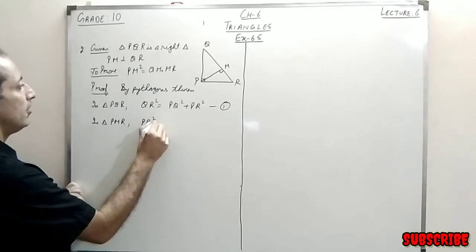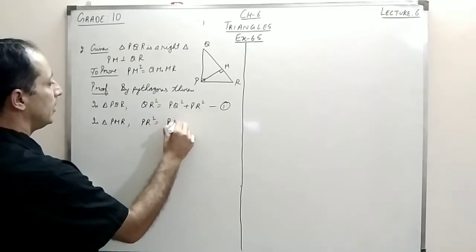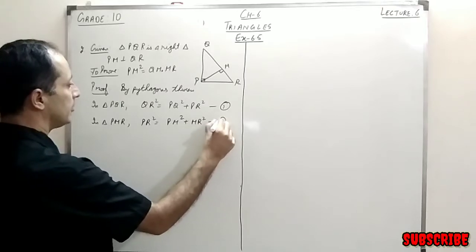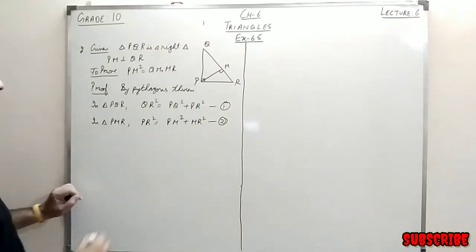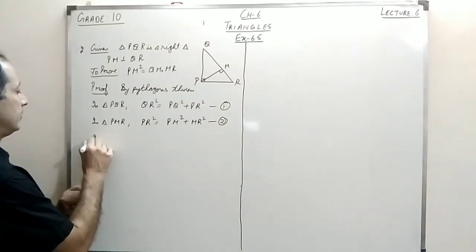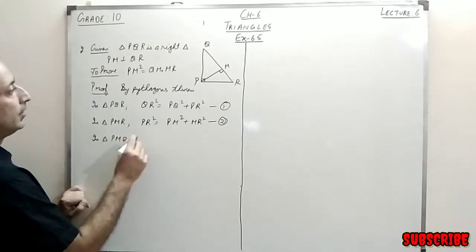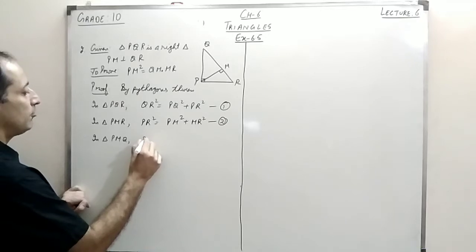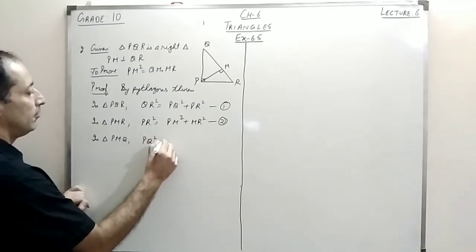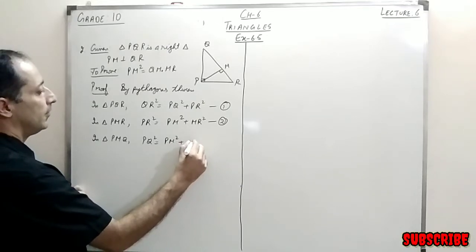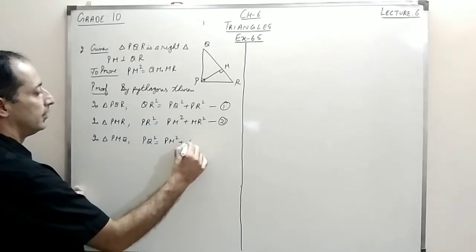PR square is equal to PM square plus MR square. I put this thing as 2. Similarly, if I take triangle PMQ, I can write PQ square is equal to PM square plus QM square. I put this as 3.